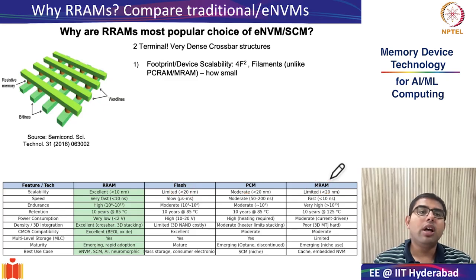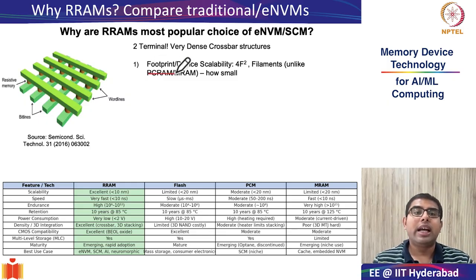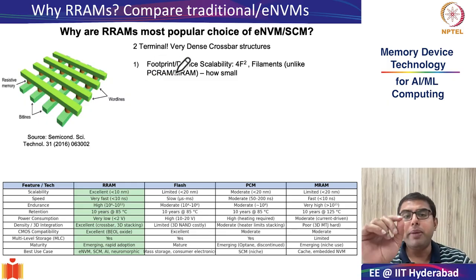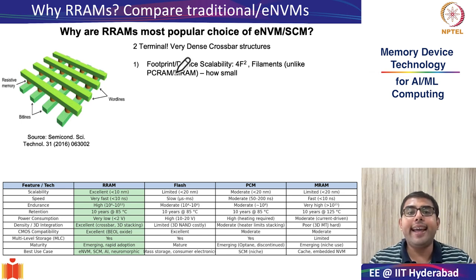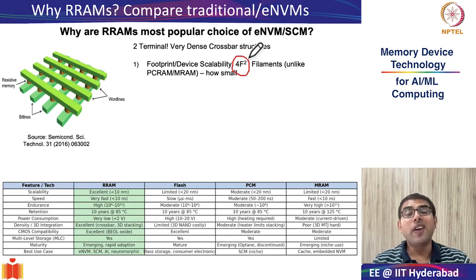The first thing we would want to note is area scalability and device scalability. By footprint I mean: if I have a minimum feature size of F, what is the area of the cell? As we have shown even in NAND flash, the theoretically lowest possible cell size is 4F squared.